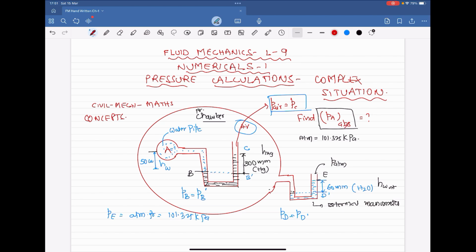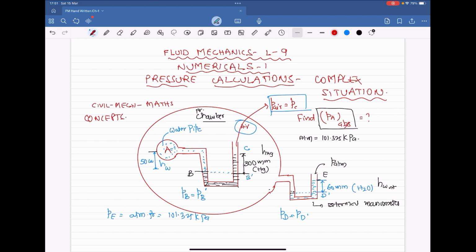The absolute pressure differs inside the chamber and at its connections, and open to sky, both are different. The absolute pressure at PA is not equal to the absolute pressure at PE, which is open to atmosphere.